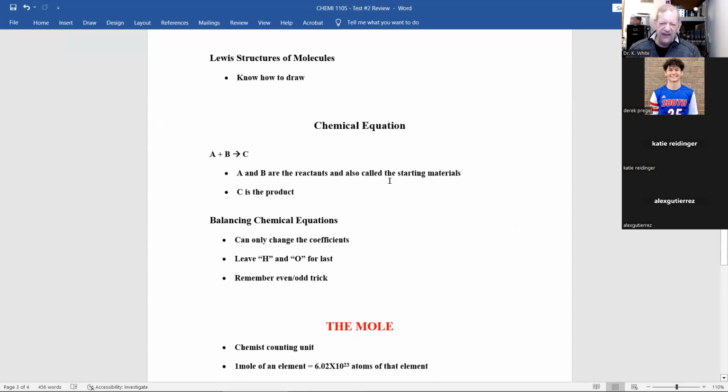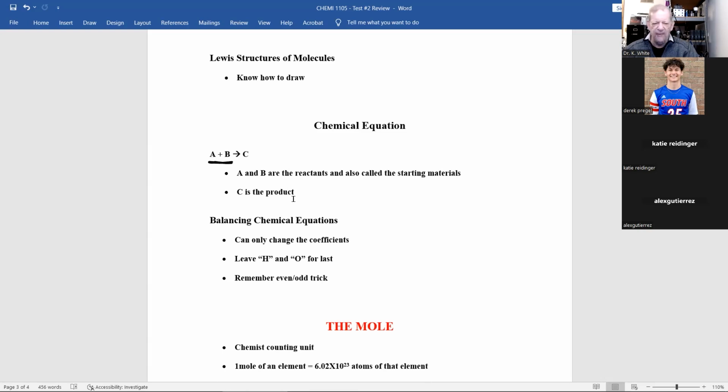Next, I talked about chemical equations. And you should know a chemical equation on the base of the arrow, those are the reactants. And sometimes you'll hear me call them starting materials because I worked in the chemical industry for many decades. Yep, decades. And we call those starting materials.